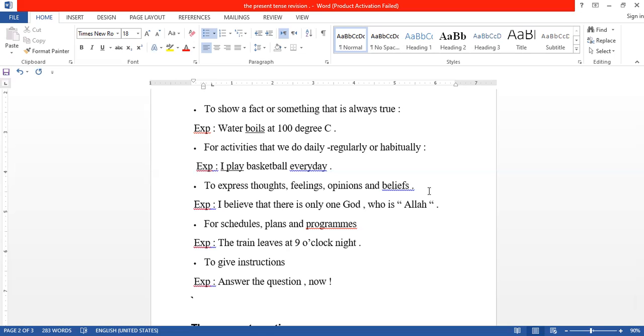I believe that there is only one God, who is Allah. Something which no one can deny. Yes or no? Yes. This is a truth, a strong belief that we believe that there is only one God, who is Allah. Again, I'm using the simple present. Okay? Next condition.